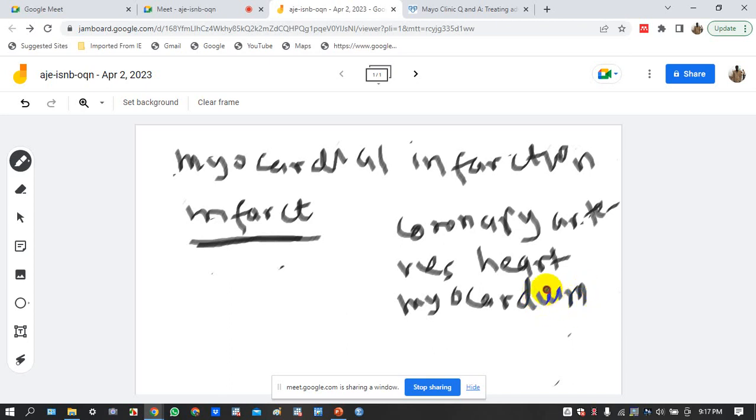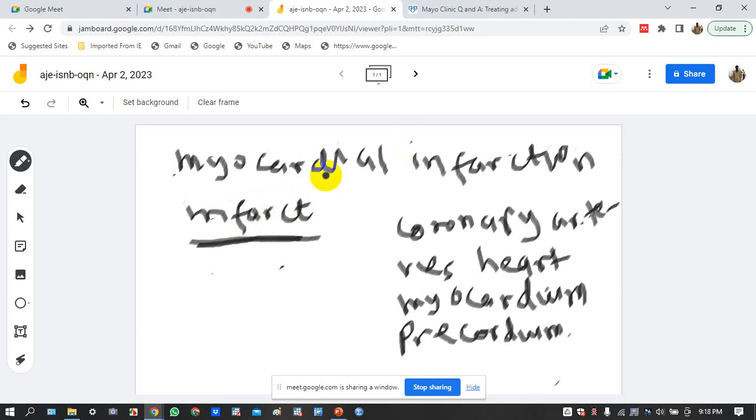But let's use the myocardium. So whenever there is a limited supply of oxygen to an organ or a tissue, it leads to the formation of infarct. Infarct means dead cells. Necrosis will set in and the cells will be dead. So that's why it's very dangerous.